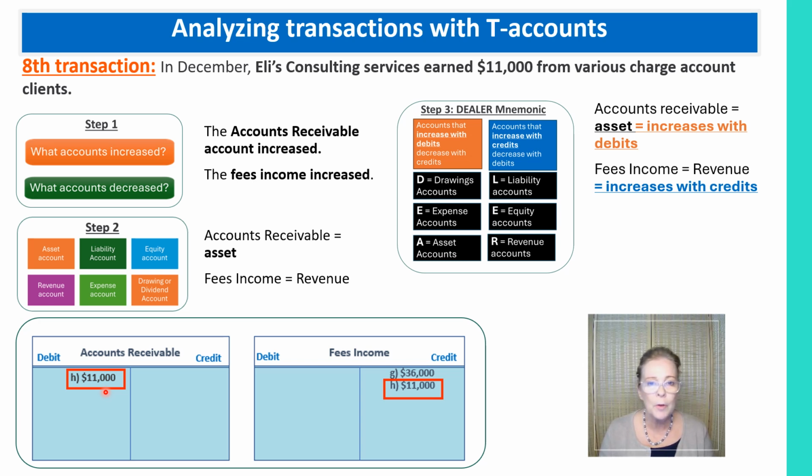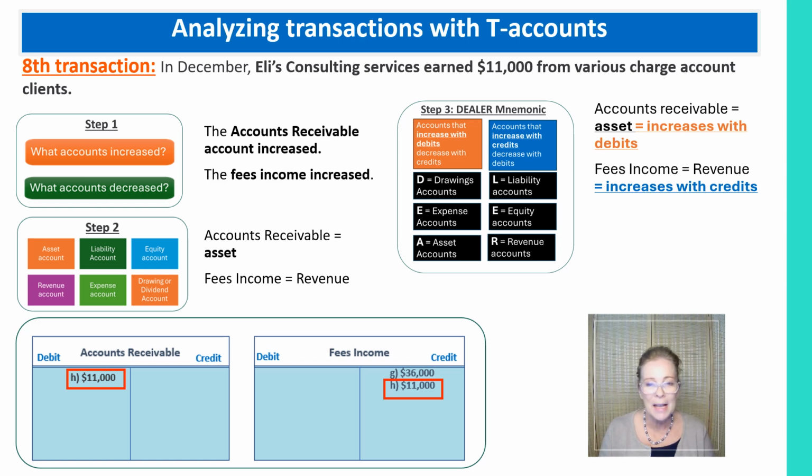The amount for the revenue account fees income increased as well. We learned in step 3 that revenue accounts increase with credits on the right side of the T account. We find the T account for fees income and write the transaction ID H and the amount of $11,000 into the credit column of the fees income T account.